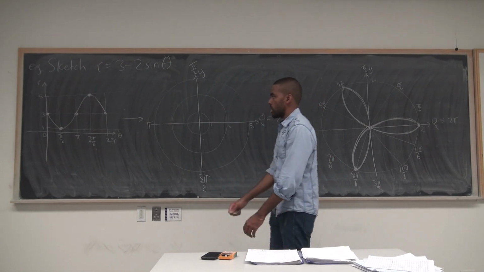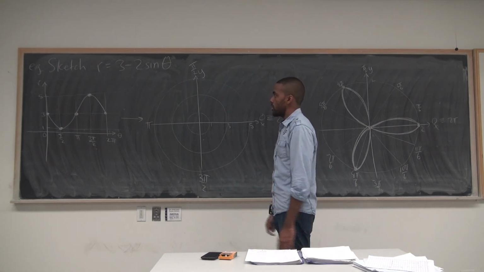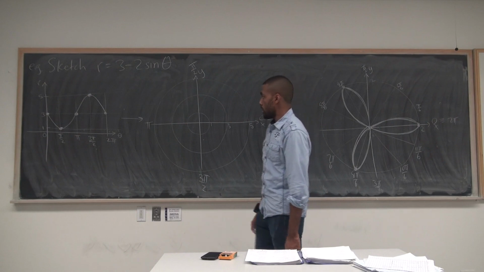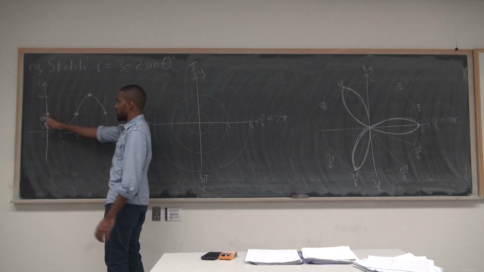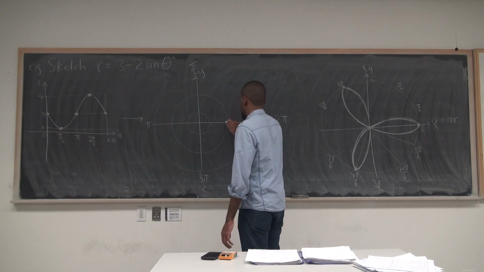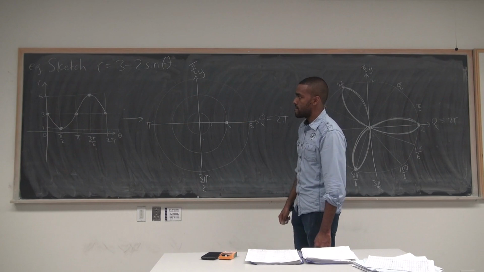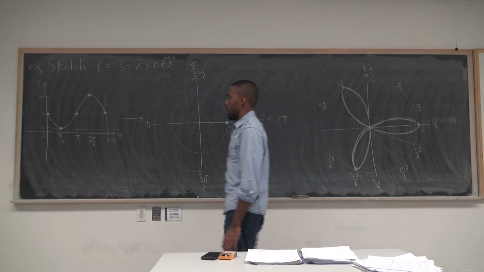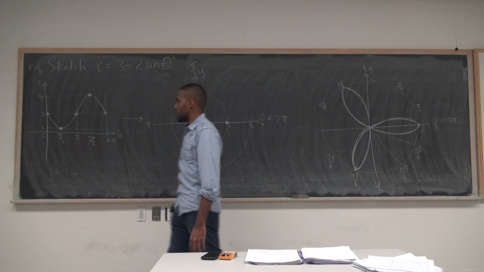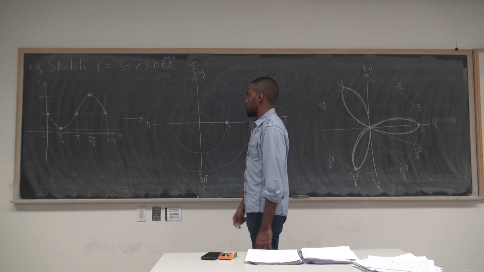Okay, so how do we start? When theta is 0, where am I? At 3. So when theta is 0, I'm on the circle of radius 3. So I'm right here. Okay, now what? As I move to pi over 2, what happens? Decrease.